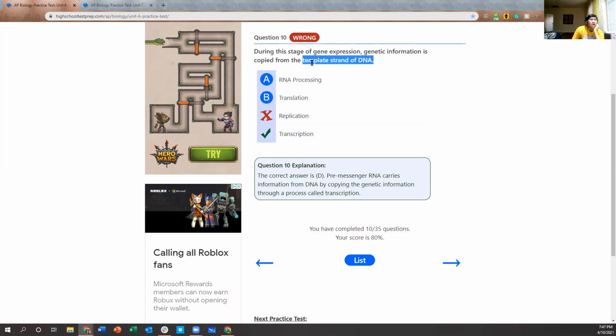Copied from the template. Okay, I think the idea of a template strand is why we're calling it transcription instead of replication. Because in replication of DNA, you have two template strands, whereas in transcription you have just one template strand. The template strand is the 3 prime to 5 prime. That's the one that the RNA polymerase goes on, because RNA polymerase works 5 prime to 3 prime.